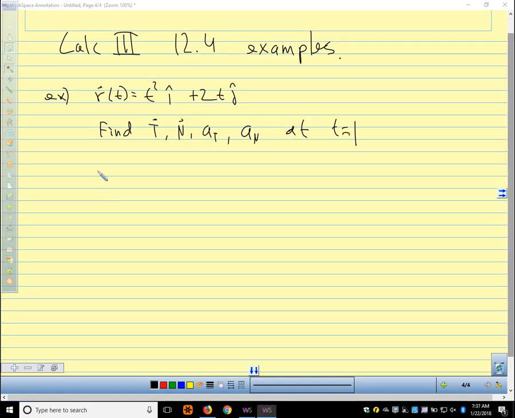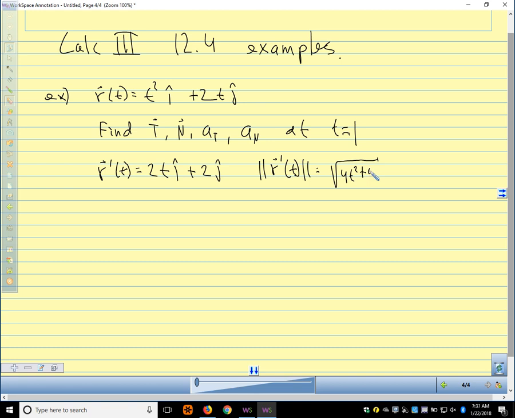So we need some derivatives. r prime of t is 2t i hat plus 2 j hat. And we need the magnitude of r prime. It is the square root of 4t squared plus 4 for any time.